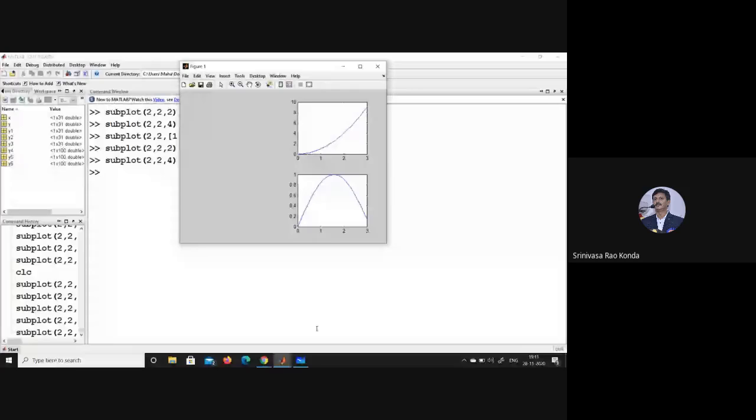Okay. So if you have no doubts, otherwise I will take subplot. Subplot, not is plot, and then plot x comma y.